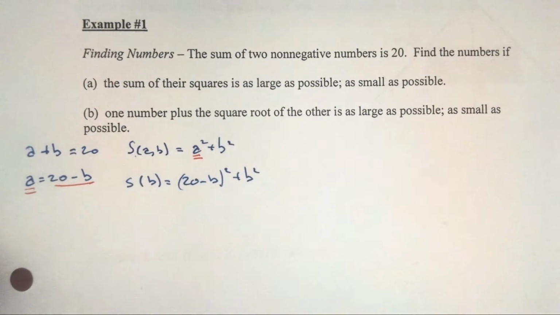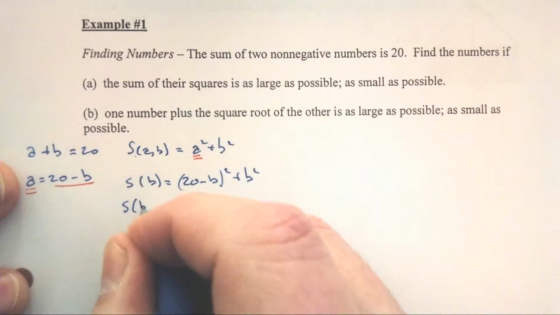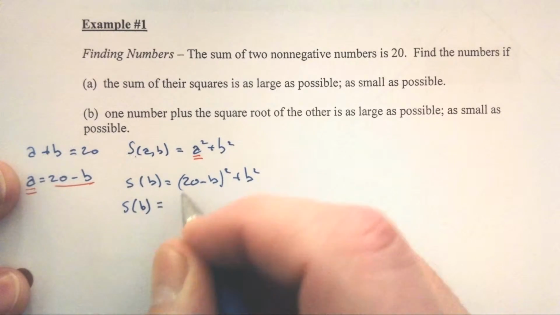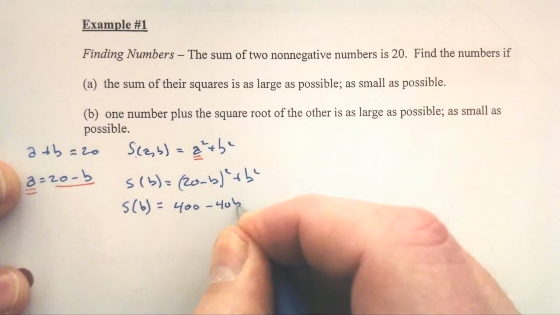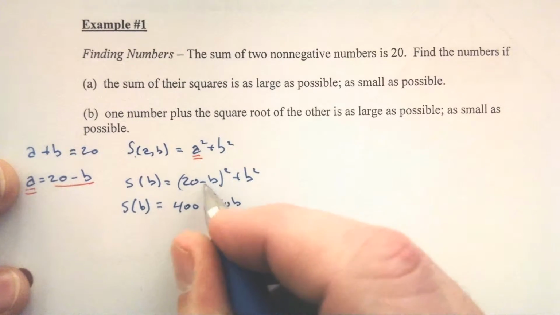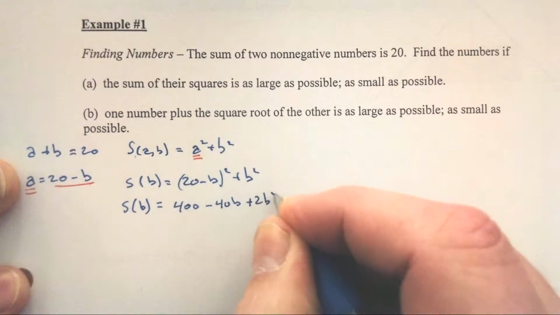Now at this point, if we didn't have to show work, didn't have to show calculus, we could actually go and graph this function and try to interpret it. But we're going to go through the calculus process here. I'm going to do a little simplifying. S of B is, if I FOIL this, I get 400, minus 40B, plus B squared out of this foiling, and I get another B squared, so plus 2B squared.